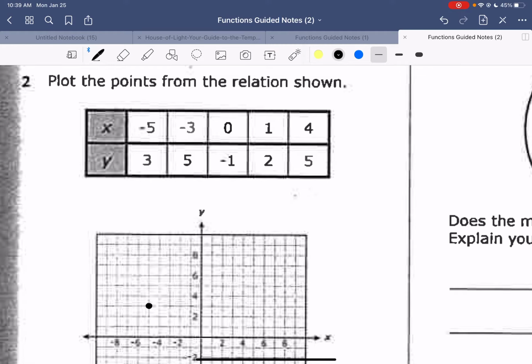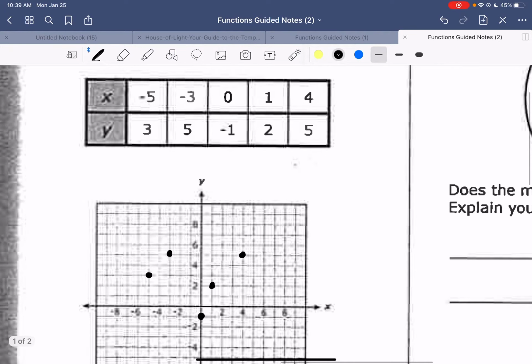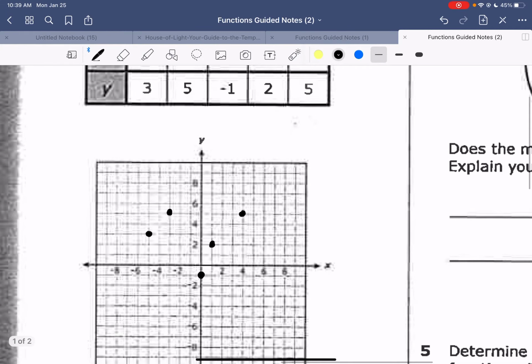And then we're going to go -3, +5, 0, -1, 1, +2, and 4, +5. So those are our points plotted.